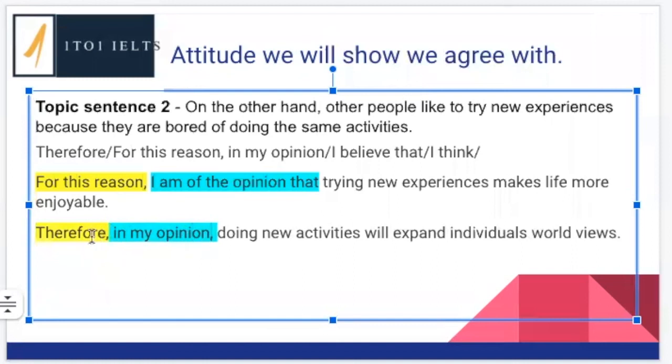Okay. So, "In my opinion, doing new activities will expand individuals' world views." So we need a possessive because the world views belong to the individuals. Do they belong to one individual or many individuals? Many. Okay, so we put the apostrophe after the S rather than before the S. "Doing new activities will expand individuals' worldviews."